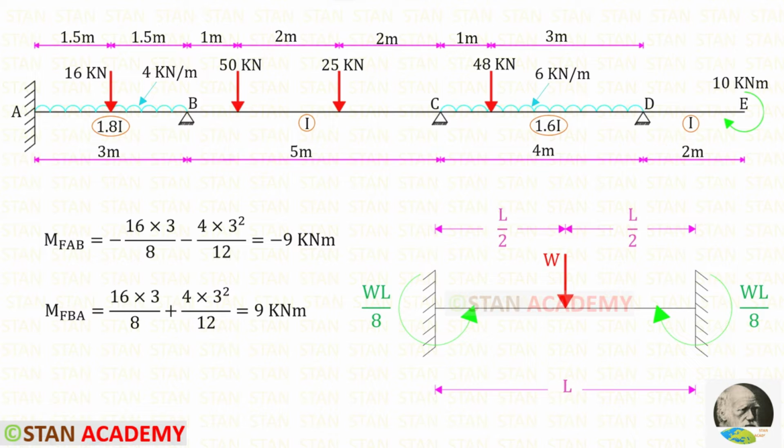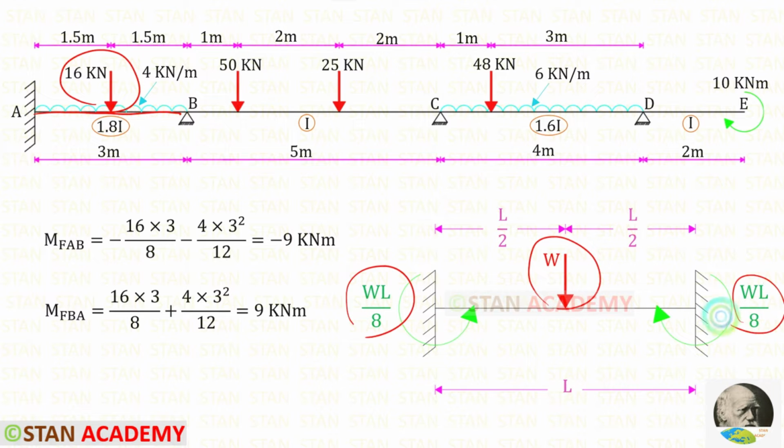Now we are going to find the fixed end moments. First, let us take the span AB. First, let us consider the point load. It is acting in the center. If the point load is acting in the center, the formulas to find the fixed end moments are WL upon 8 and WL upon 8.